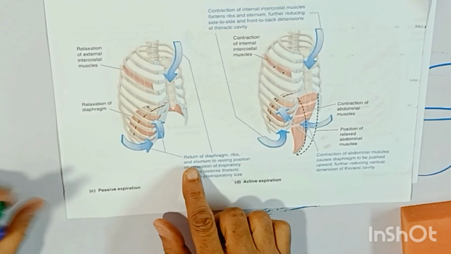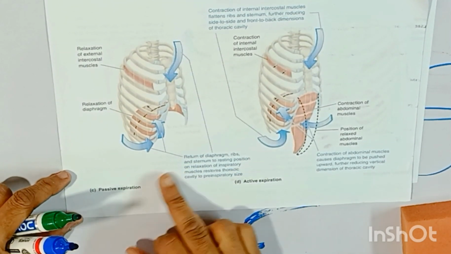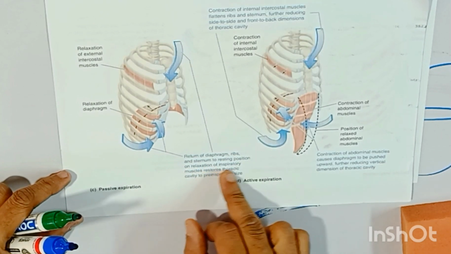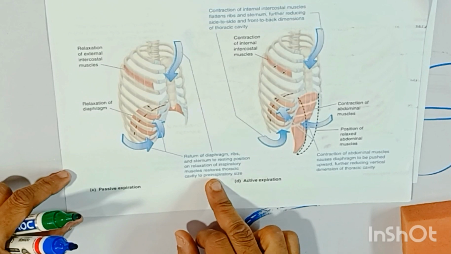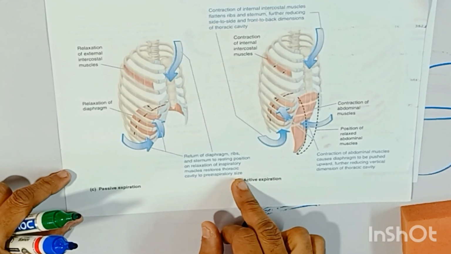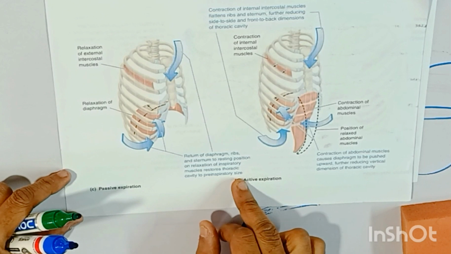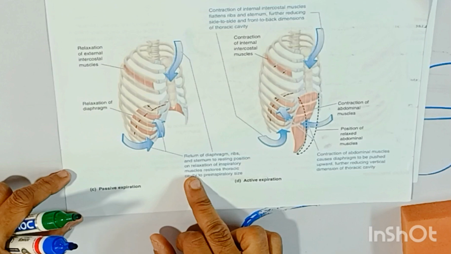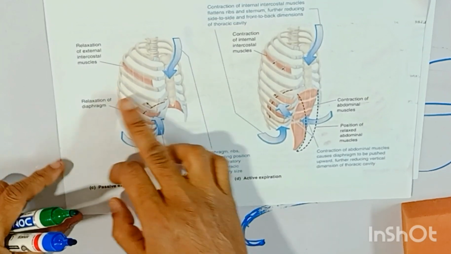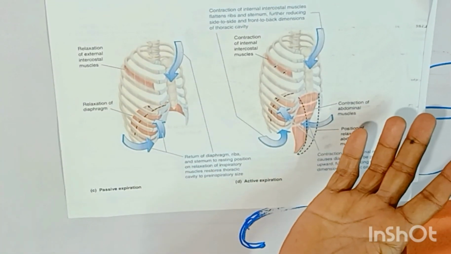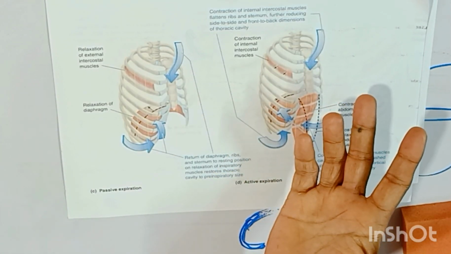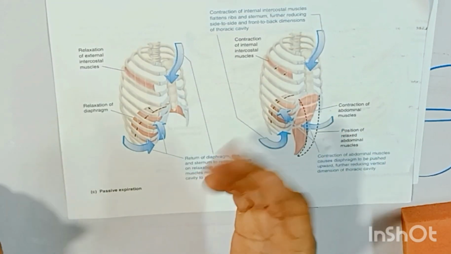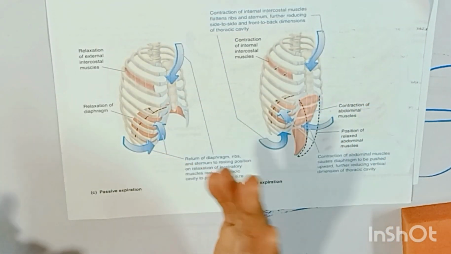So I'll just read this part. The return of the diaphragm, ribs and the sternum to resting position on relaxation of the inspiratory muscles restores the thoracic cavity to its pre-inspiratory size. Relaxation of these inspiratory muscles restores the thoracic cavity, and then again an inspiratory cycle begins.